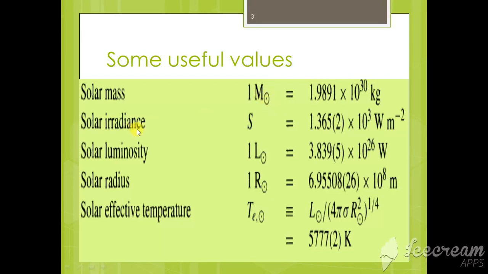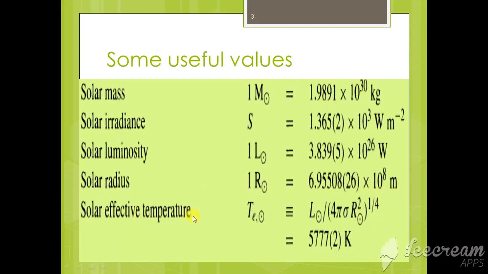Another parameter is solar irradiance having the value 1.365 into 10 raised to power 3 watt per meter square. Then solar luminosity L is equal to 3.839 into 10 raised to power 26 watt. Solar radius 6.95508 into 10 raised to power 8 meter.